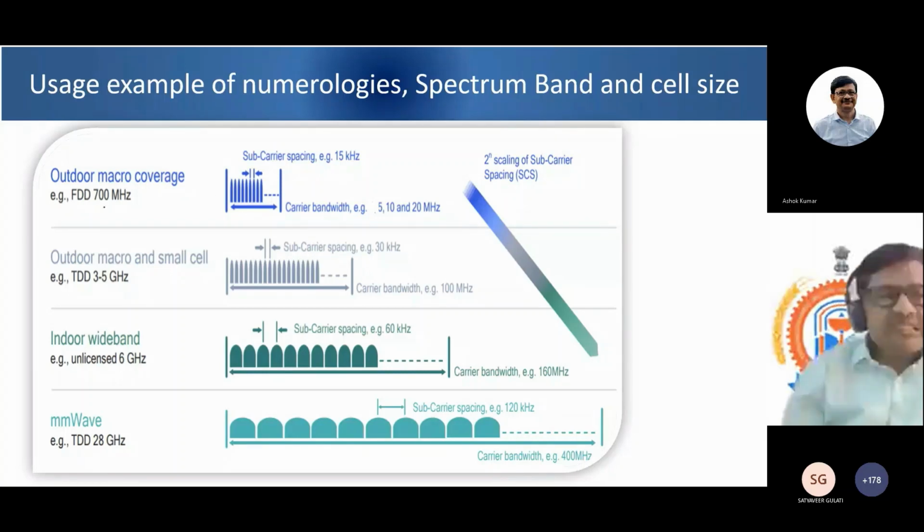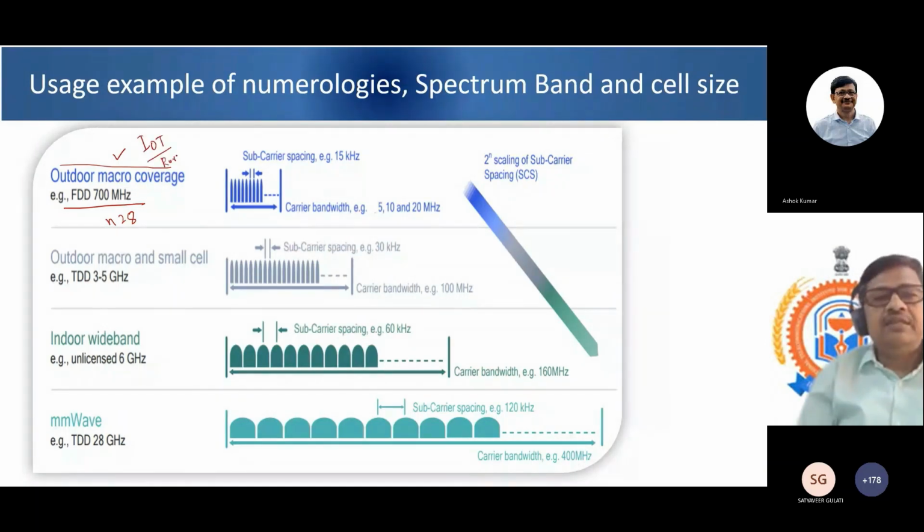On top, you just see the example of 700 megahertz, that is the M28 band. This will be used for outdoor macro coverage, being on the lower side of the frequency. It will have large coverage, so we'll use it maybe for IoT applications or rural coverage.